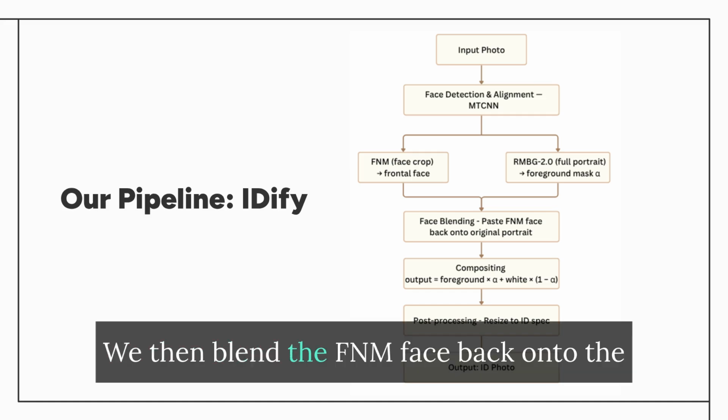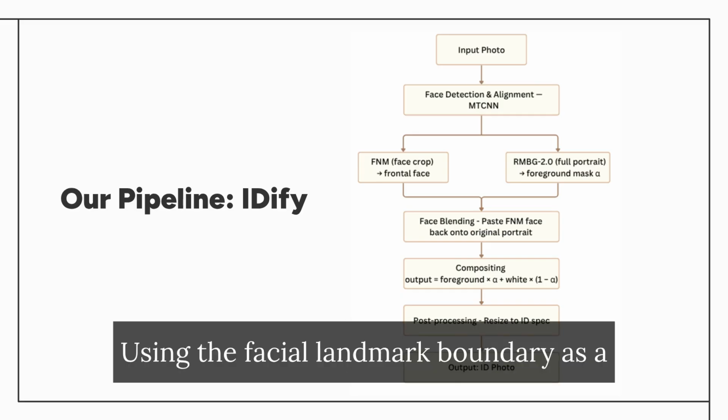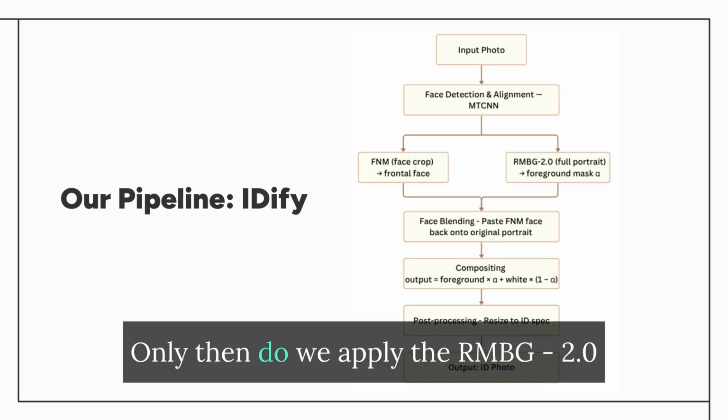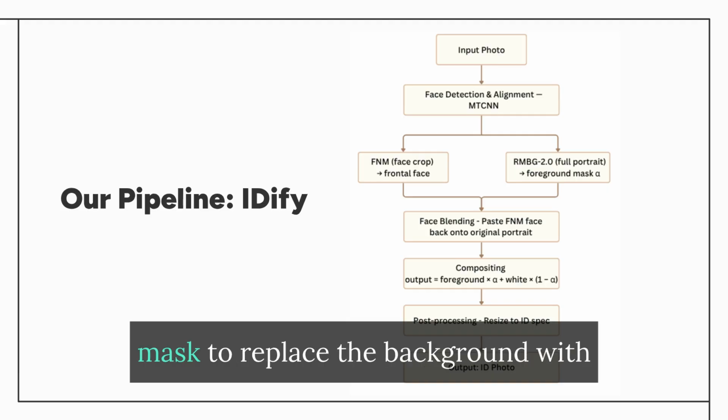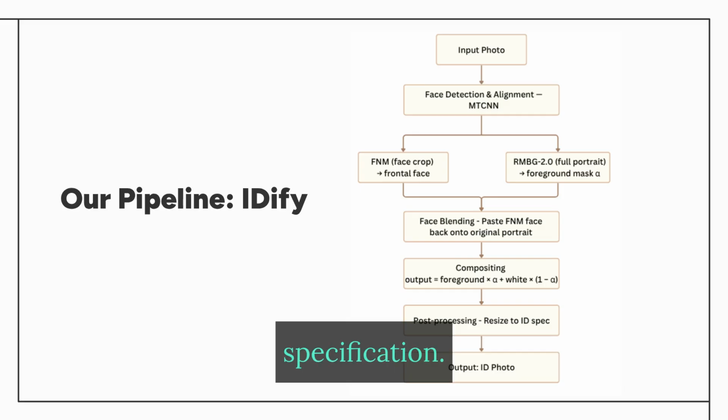We then blend the FNM face back onto the original portrait body in stage 4, using the facial landmark boundary as a blending mask. Only then do we apply the RMBG 2.0 mask to replace the black with white. Finally, we resize to the target ID photo specification.